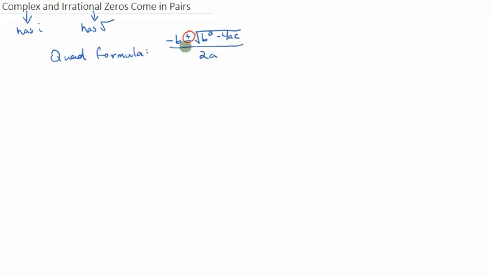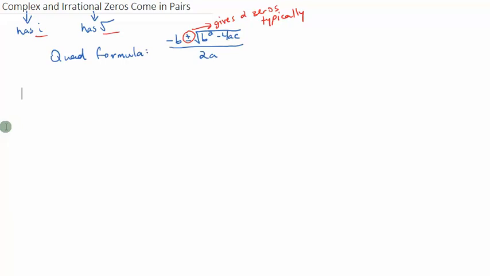Now I say typically because sometimes the part after this plus or minus is 0, and then you're not really adding or subtracting anything. But if there's a number here, you could end up with a square root. You could end up with an i if you get a negative under the square root. And so it's because of this plus or minus that gives us two zeros typically, okay? So let's look at some examples.